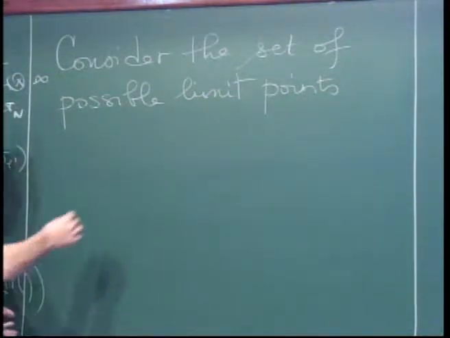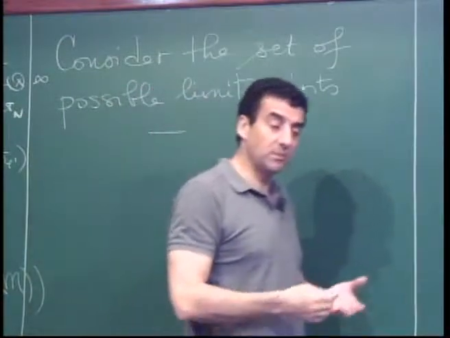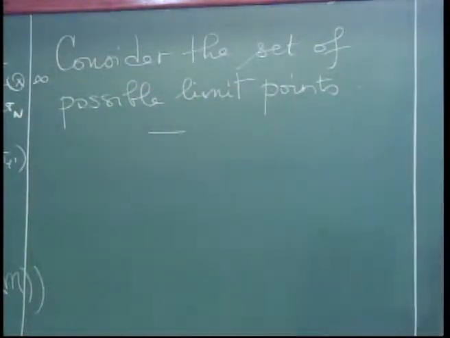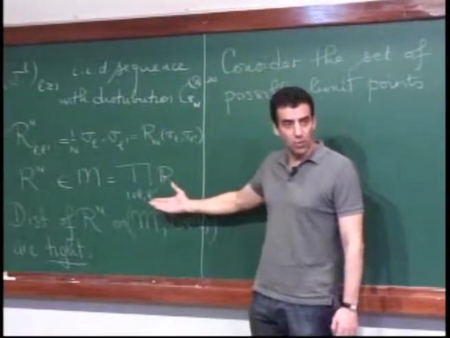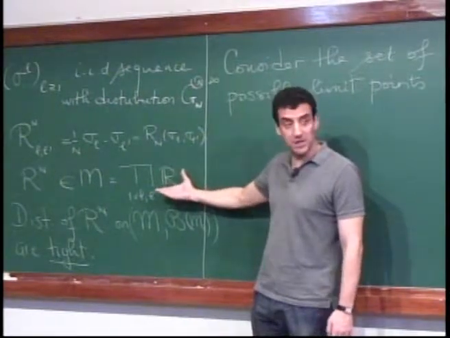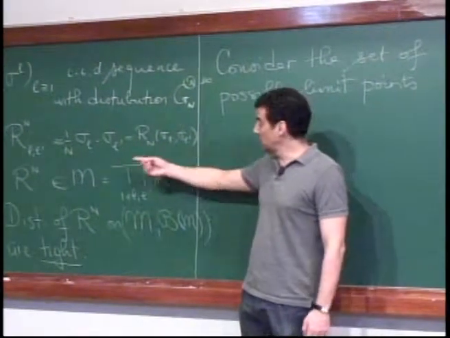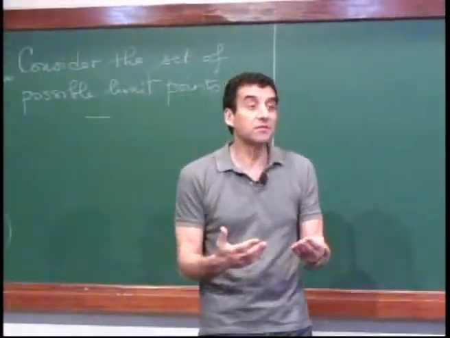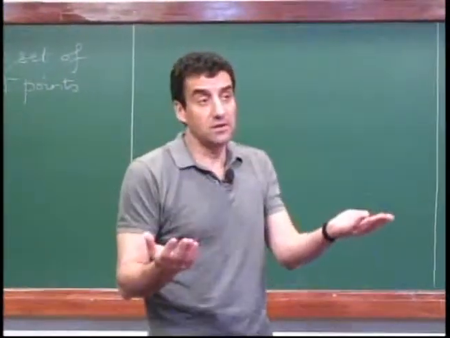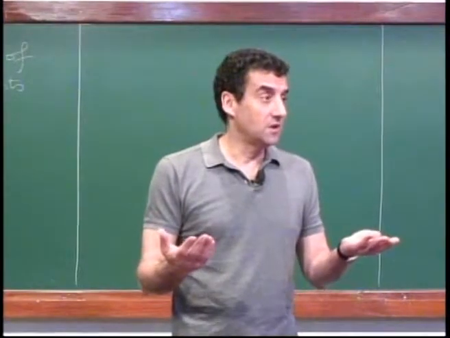So for those used to statistical mechanics, we've done the following, which I explained last time. We created one space, which is fixed, which does not depend on n, on which we have random objects whose distributions are tight. So they will converge along subsequences.